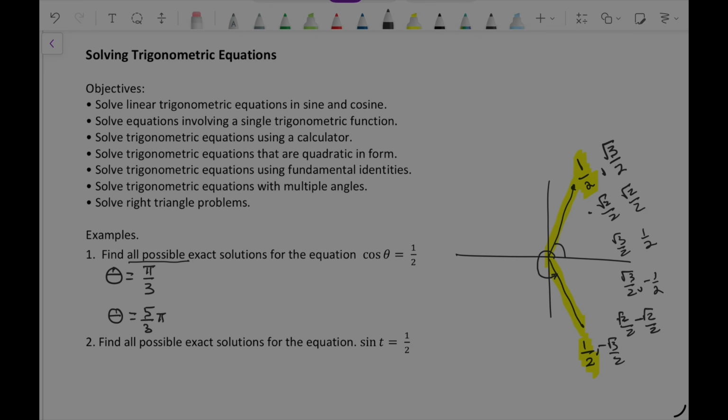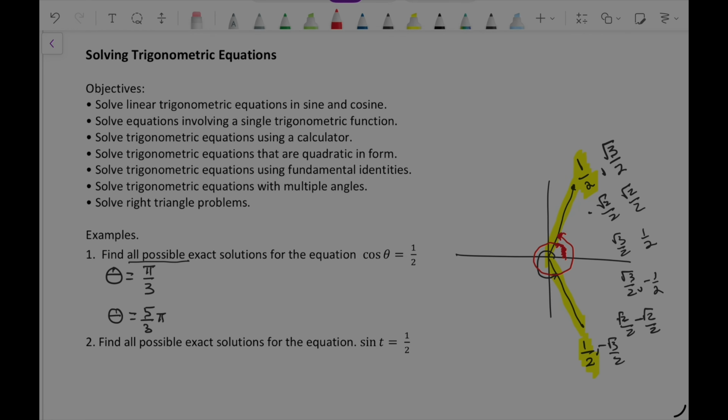Wouldn't it make sense that if you had gone all the way around and then landed there again, right? So you had gone your original pi over 3, and then from that moment you went a full circle, you would land at that same spot, producing a cosine value of 1/2.